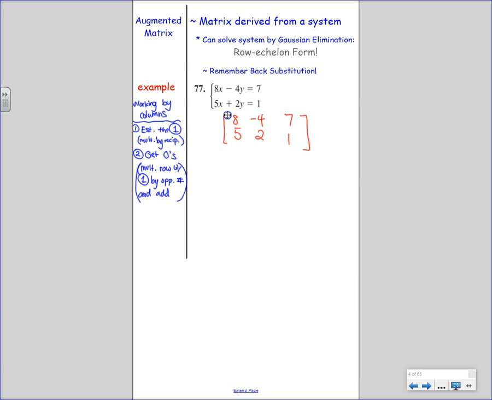Didn't we want to get a system of equations where we had 1x plus lots of stuff, and then 1y plus lots of stuff, and then if we had a third equation, 1z with equals, right? That was the stair-step system. That's how we wanted row echelon form, with 1 and 1 and 1.